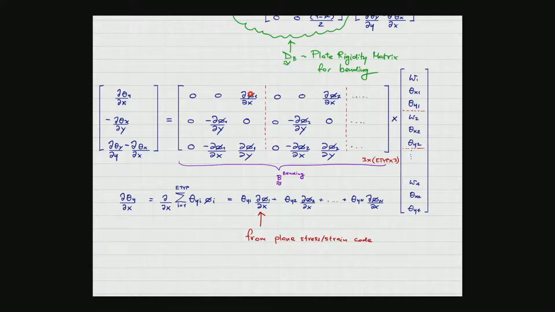So you have the partial derivative of phi i with respect to x and with respect to y. As phi is formulated in the natural domain using the xi and eta coordinates, you take the partial derivative of phi with respect to xi and the partial derivative of xi with respect to x from the chain rule, plus the partial derivative of phi with respect to eta and the partial derivative of eta with respect to x.